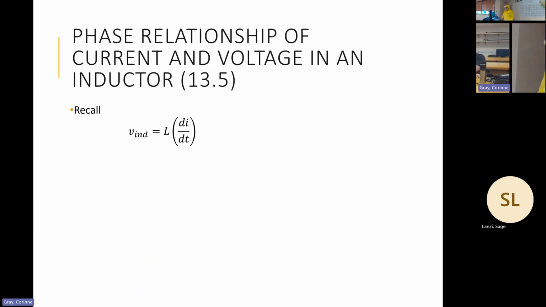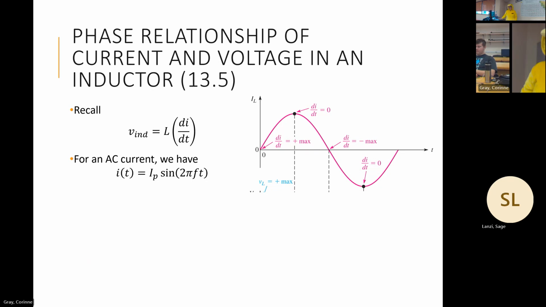So we're going to talk about the phase relationship for current and voltage in an inductor. This here is for AC. So this is our equation for the voltage. It is the inductance times the time derivative of the current. Most of our AC sources had the equation where the current was equal to IP.